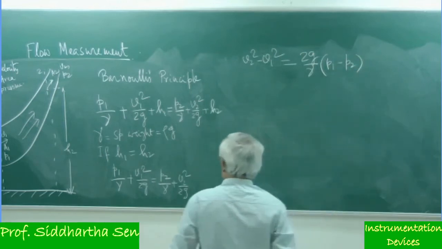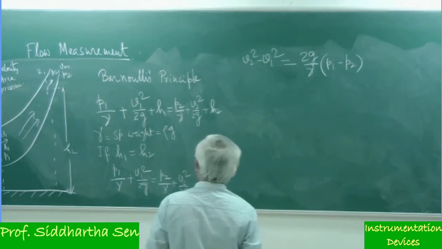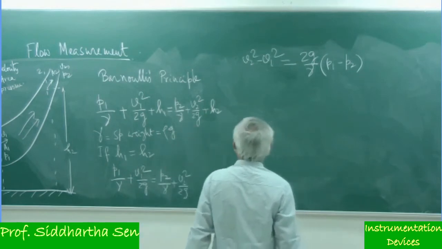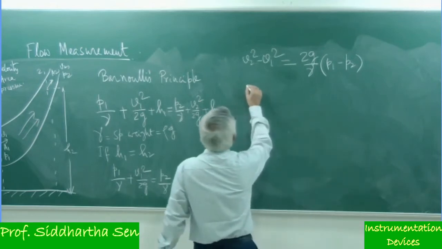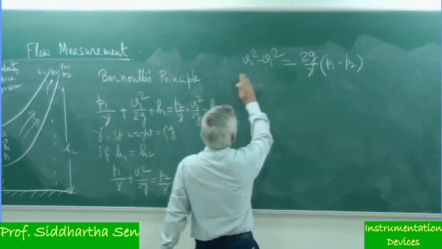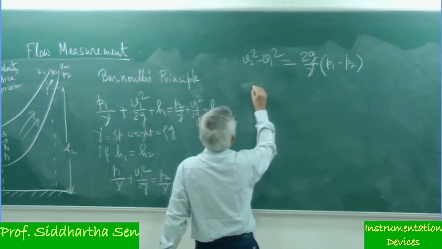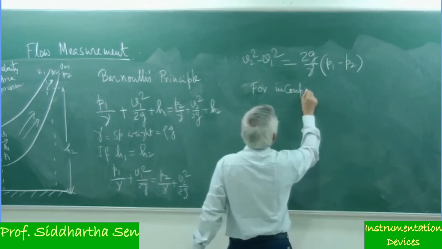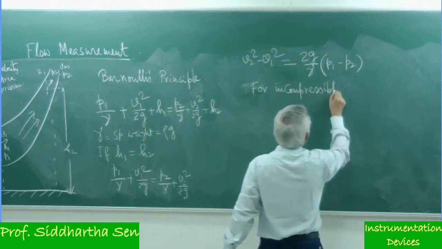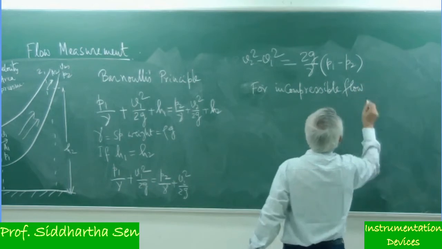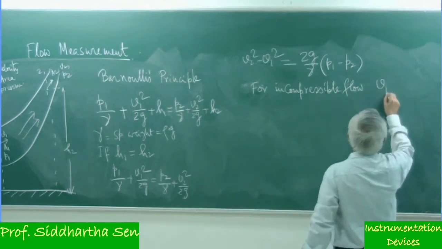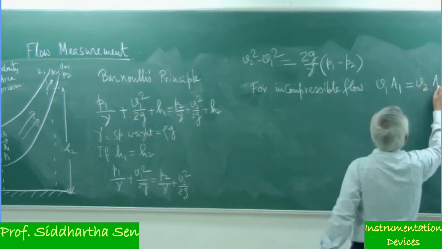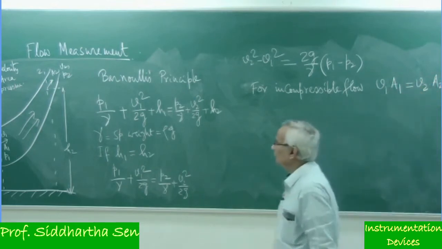And we know that for incompressible flow, V1 into A1 is equal to V2 into A2.